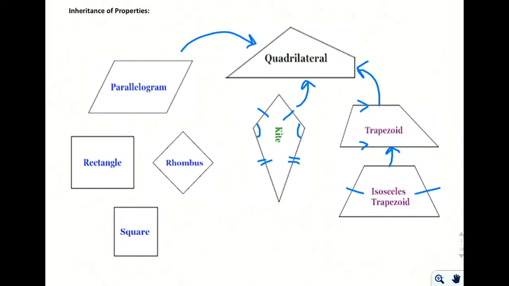Parallelograms over here on the left inherit everything from quadrilaterals and add a whole bunch along with that. So it adds the fact that these sides are the same length, these sides are parallel, these sides are the same length, these sides are parallel as well.